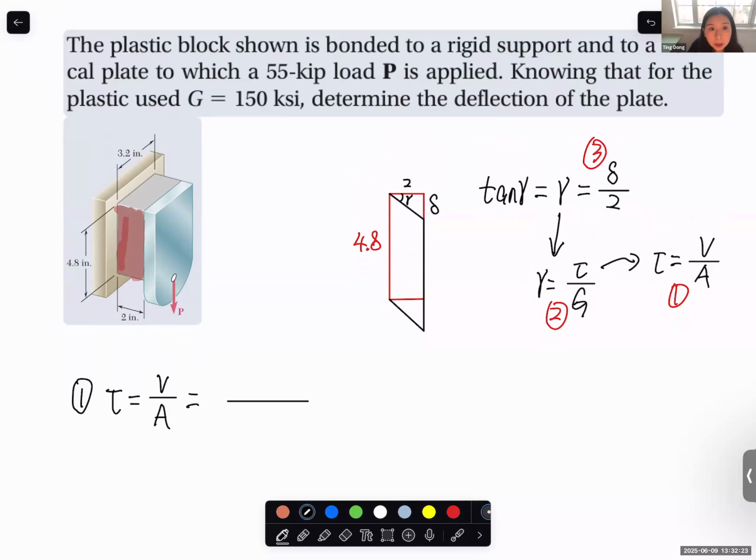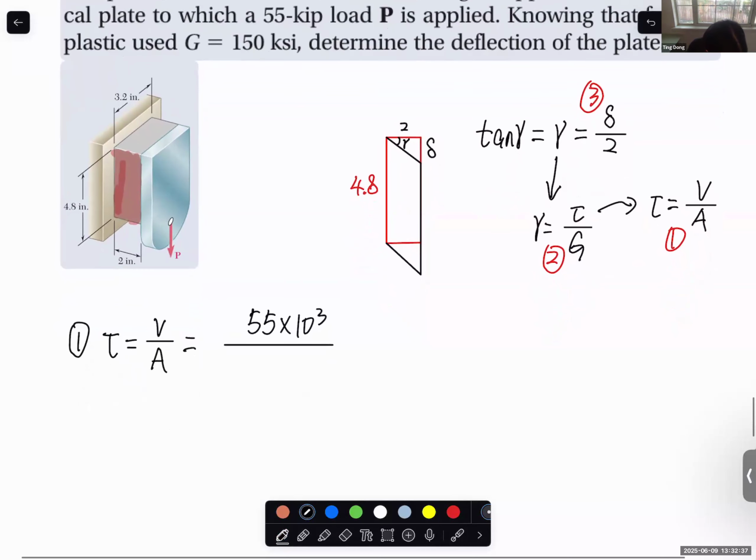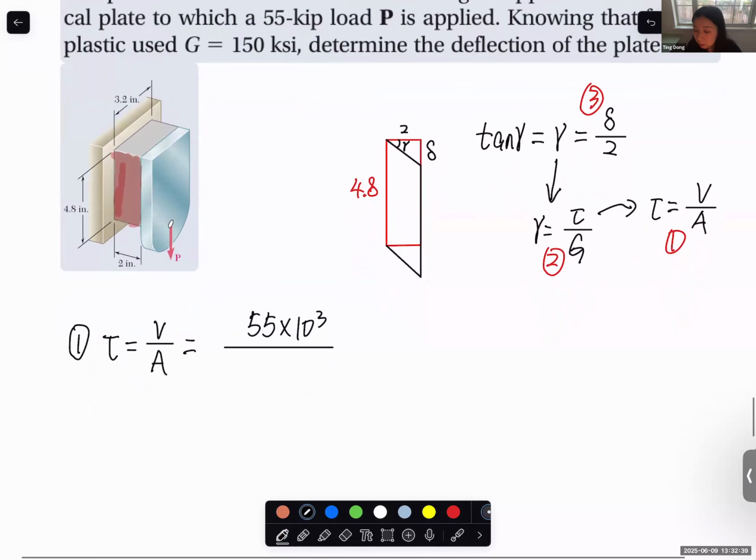Shear force is 55 kip, right? Let's convert to pound and use inch as our length. What is the area? Anyone? How to calculate? What area should I use here to calculate the shear stress?